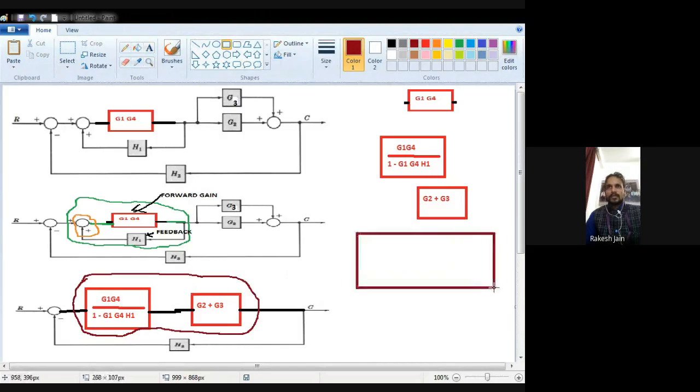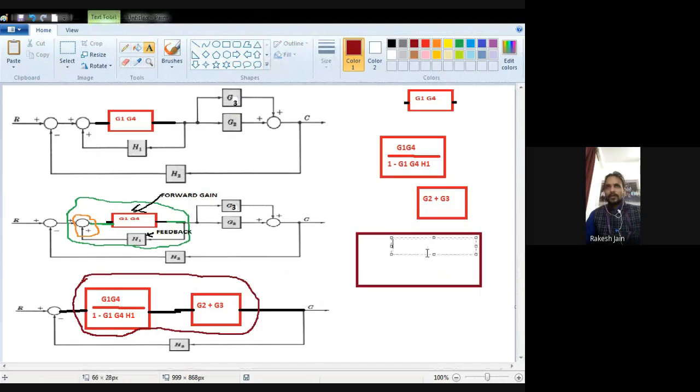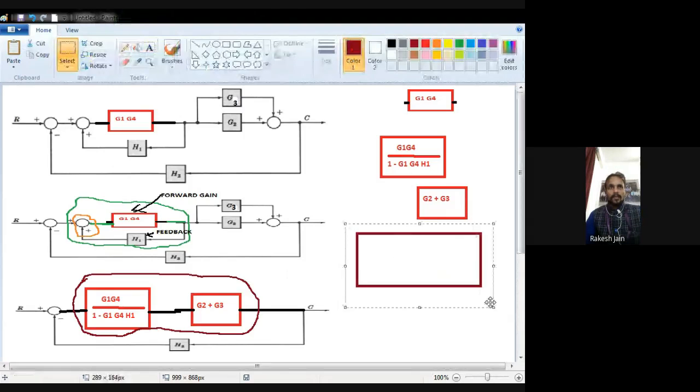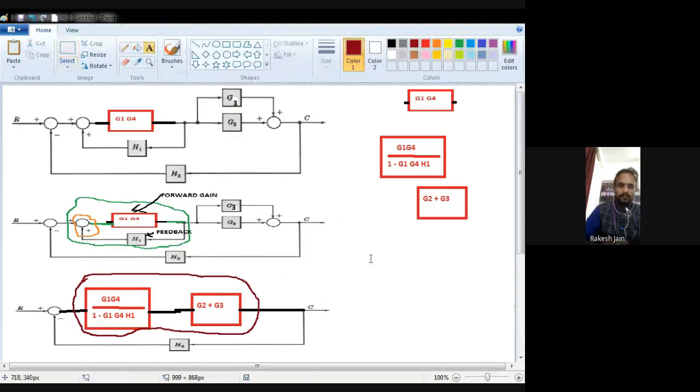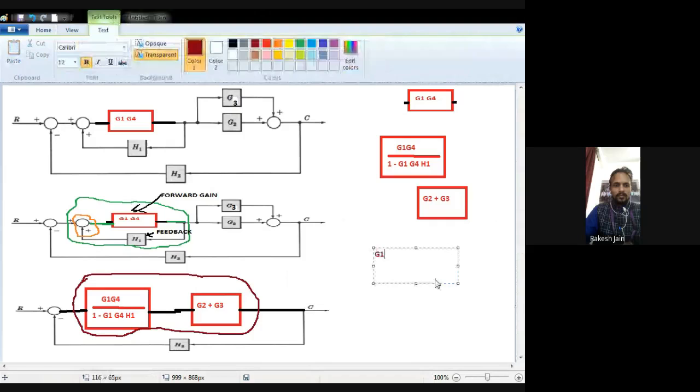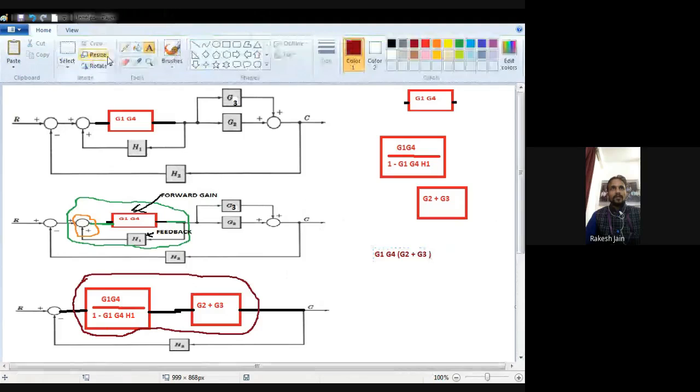This will be further reduced such that, first of all, I solve and will show you the value.